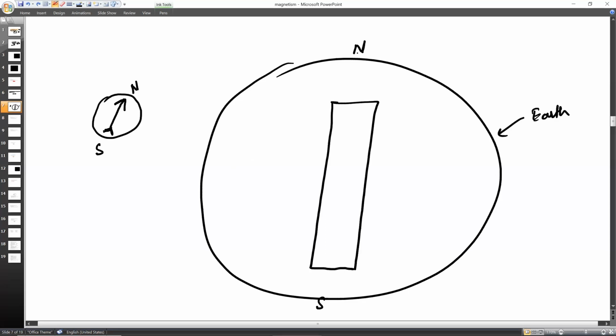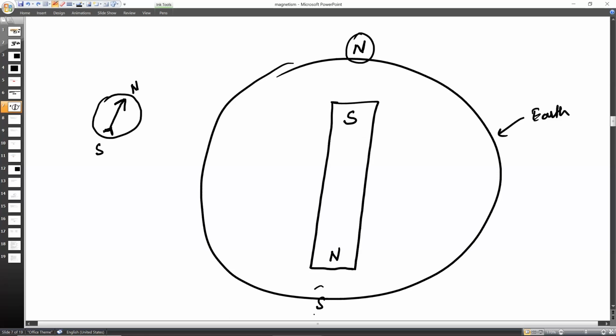We just put it at the north and the south, but actually the magnet that is present inside the earth has its south pole here and its north pole here. So the geographical north and the magnetic south lie in the same direction.